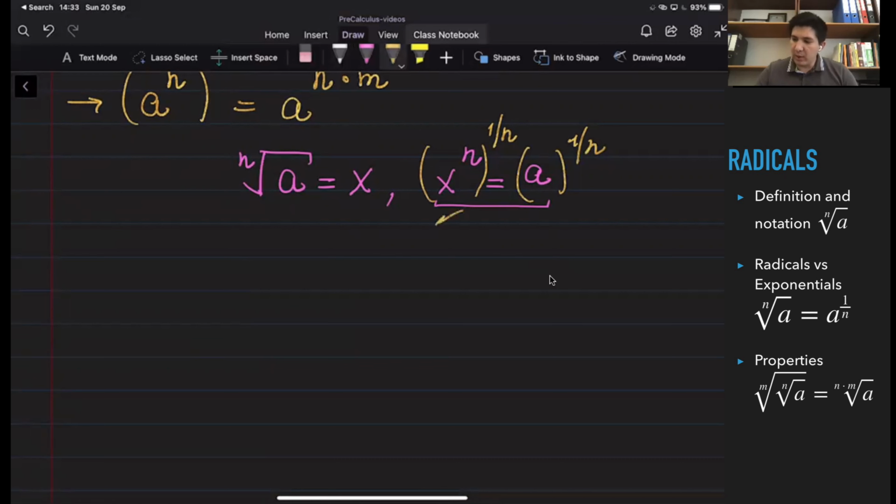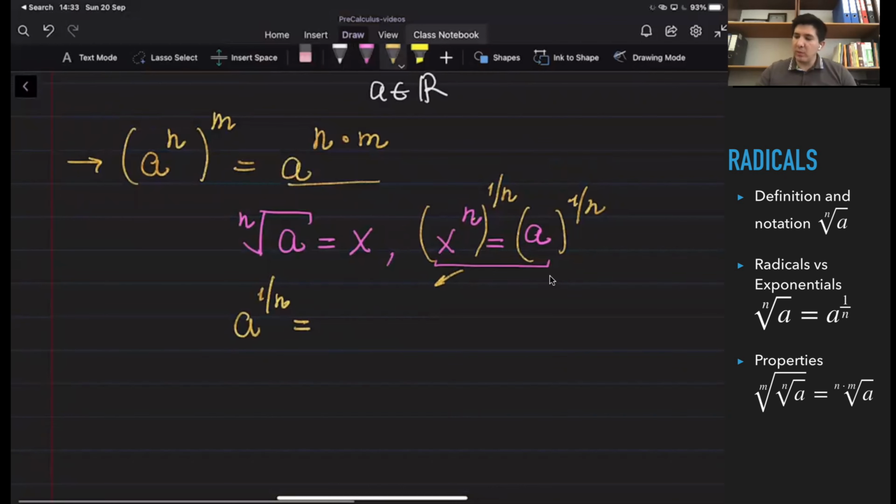It's going to be a in the power of 1 over n, right? And this is equal to x in the power of n in the power of 1 over n, which, according to this rule, is going to be just the multiplication of n times 1 over n, which is equal to 1. So this is going to be x in the power of n times 1 over n, which is x in the power of 1.